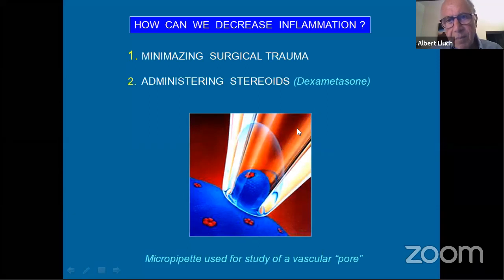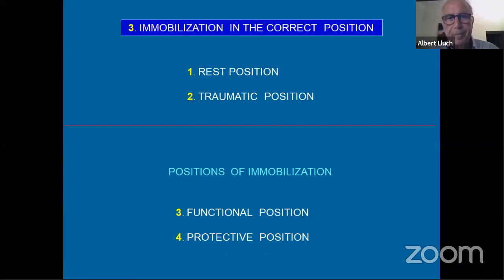If we put some dexamethasone here, or many other pharmaceutical agents, we'll see that the steroids close these pores and decrease inflammation, decrease edema, and decrease the migration of fibroblasts into the tissue. So it's quite important when you have a trauma or when you do surgery to give the patient steroids.